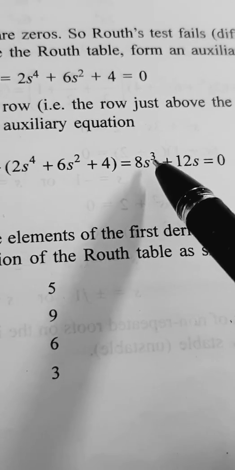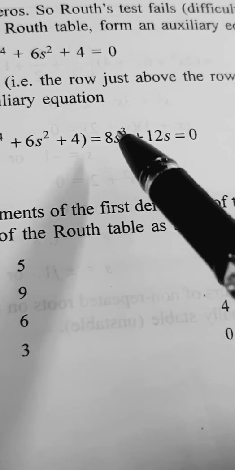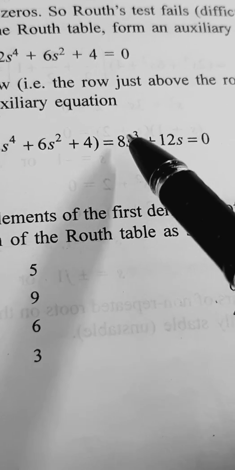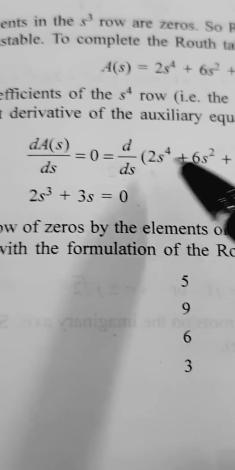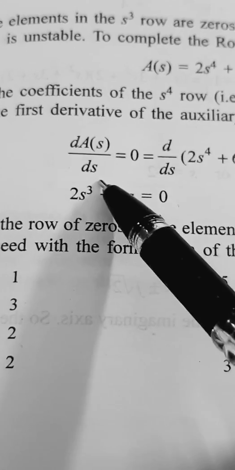Now here also there is a common term. You can put 4 into 2s raised to 3 plus 3s. Now that 4 you can eliminate, so finally you are getting 2s raised to 3 plus 3s is equal to 0.